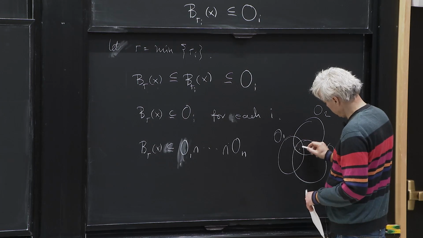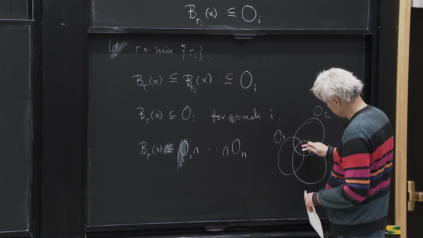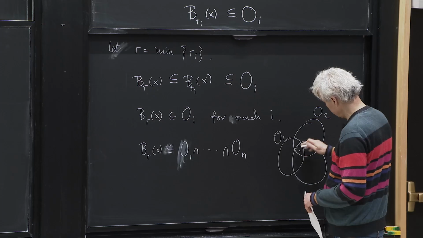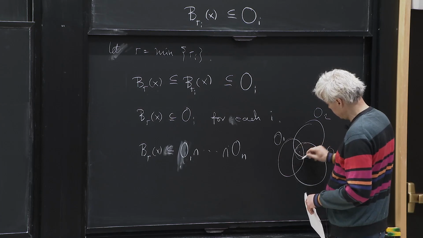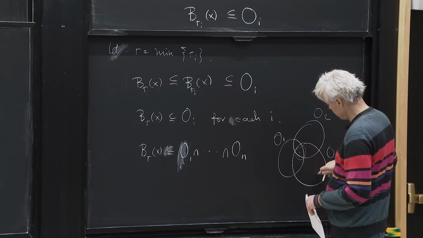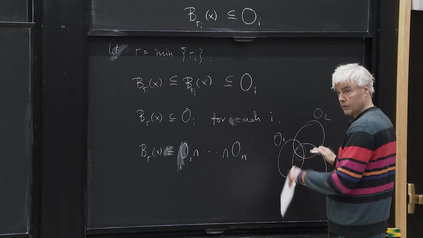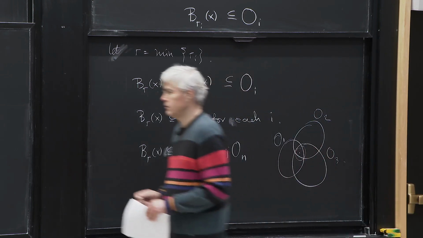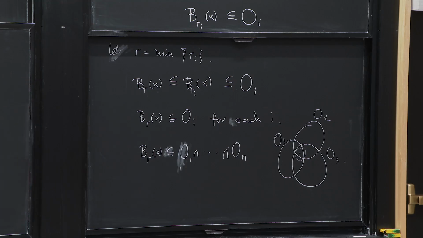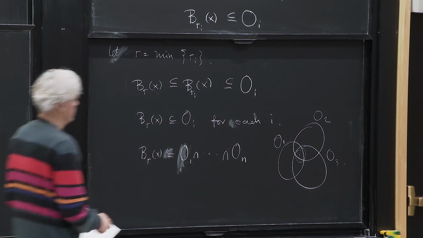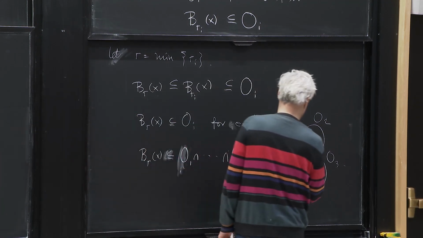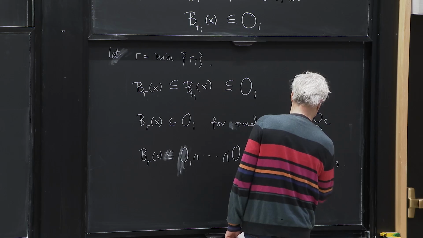There's a ball here that is contained in this, another ball here that is contained in this, and a third ball here that is contained in that. Then you look at the smallest ball, the minimum of the radii, and that ball is then contained in the intersection of the three. And the intersection of the three is this.